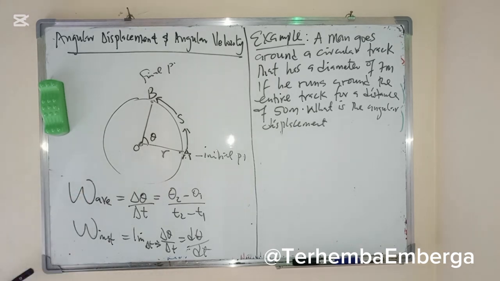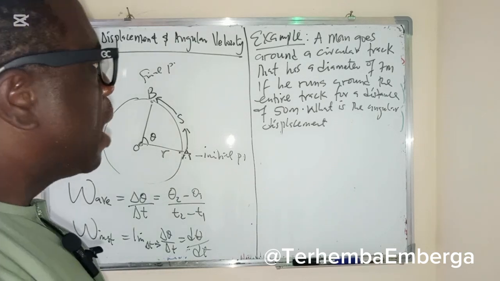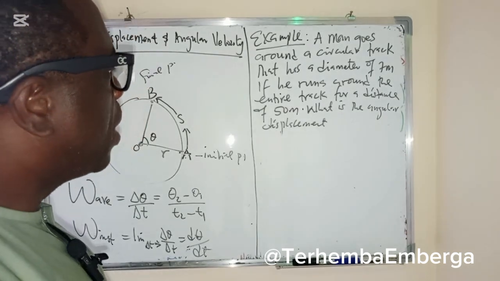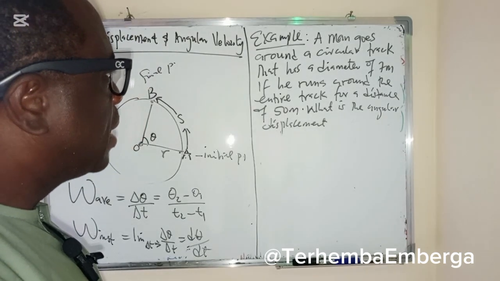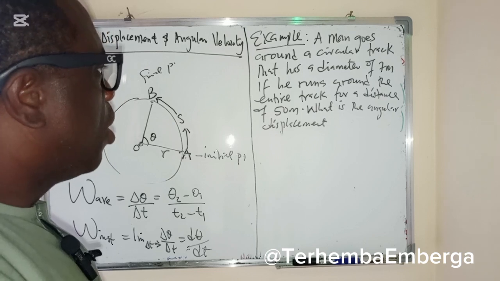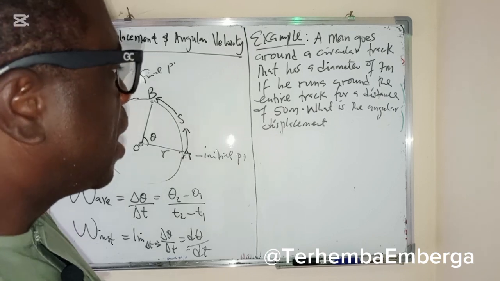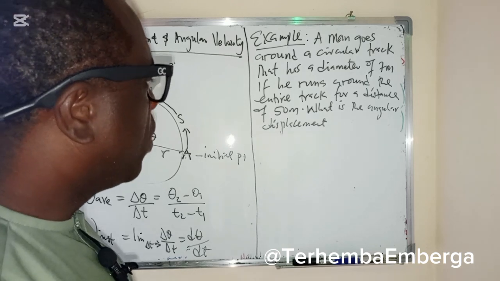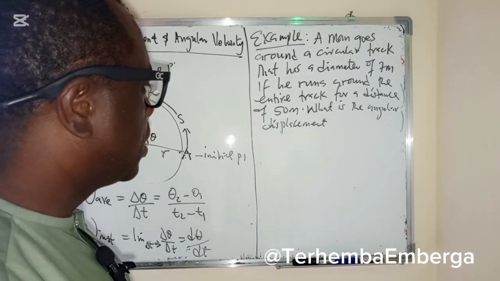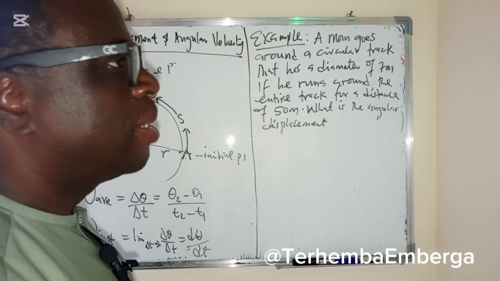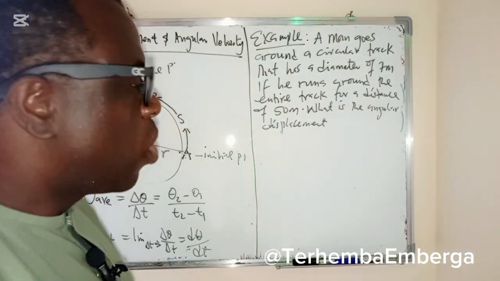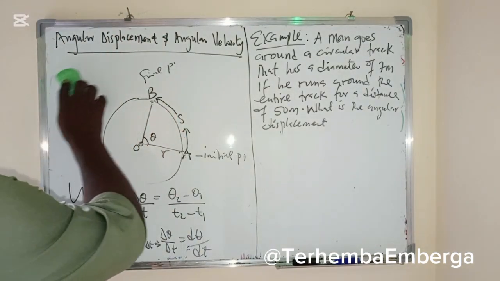So let's look at this problem here. A man goes around a circular track that has a diameter of 7 meters. If he runs around the track for a distance of 50 meters, what is the angular displacement?